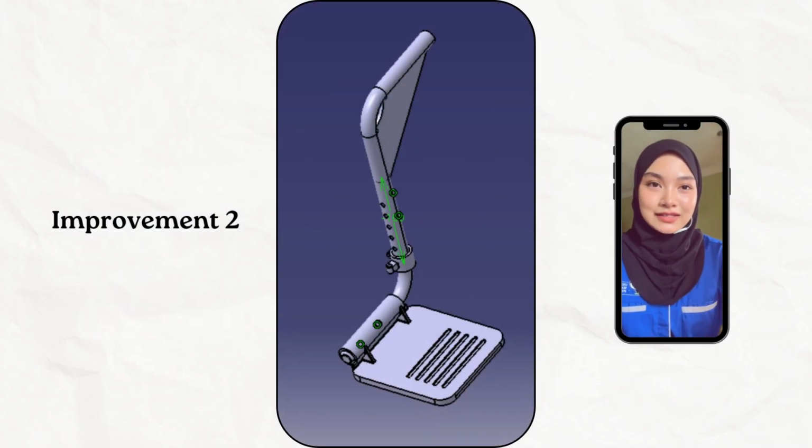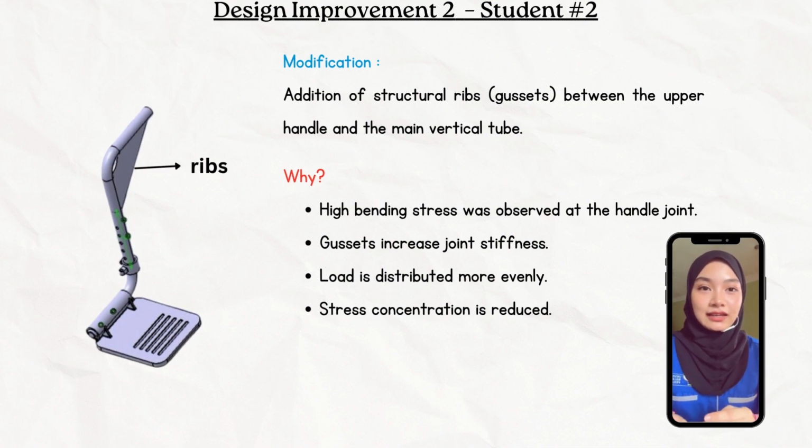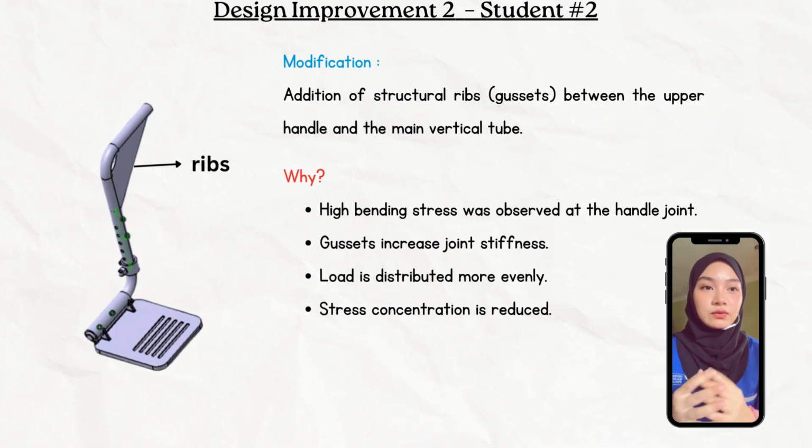Now, I will explain design improvement 2. In this design, structural ribs, also known as gussets, were added between the upper handle and the main vertical tube, so it will be like a triangle. This modification was made because the original design showed high bending stress at the handle joint.